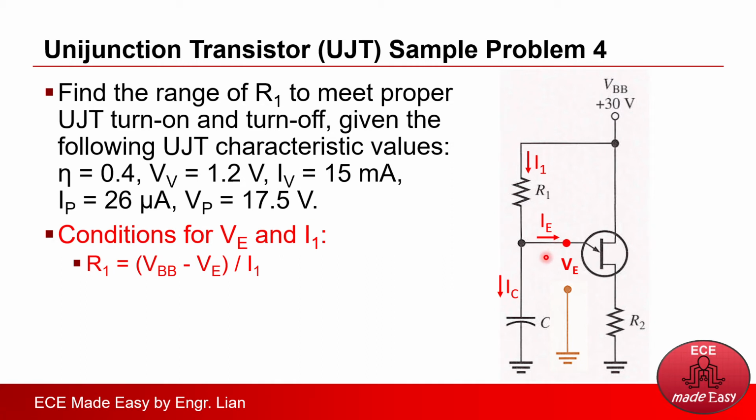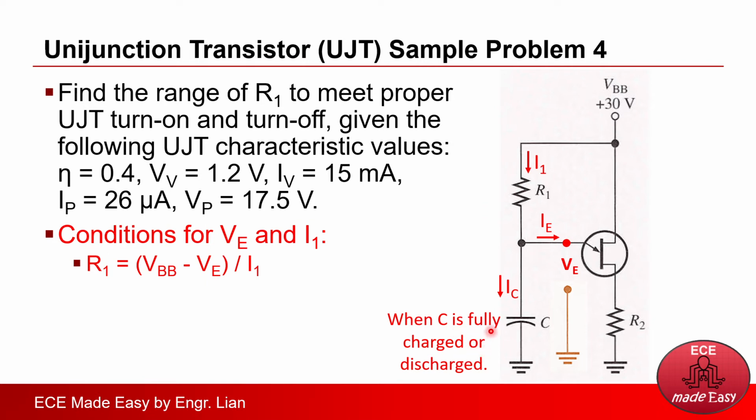Now, if we want to determine the conditions for the maximum and minimum value of R1, we must check the extreme conditions for this capacitor. The extremes happen when the capacitor is either fully charged or fully discharged.